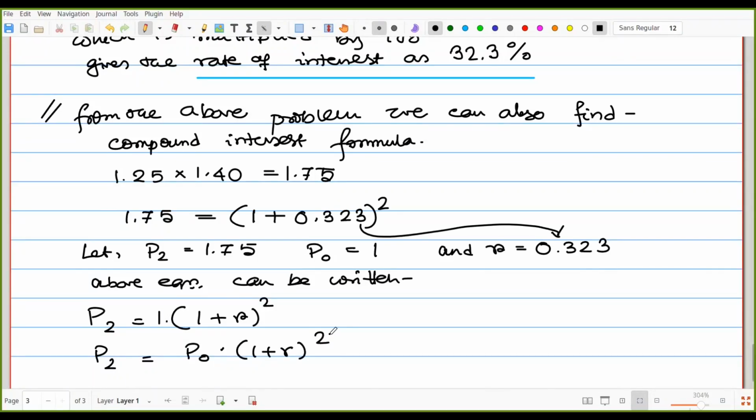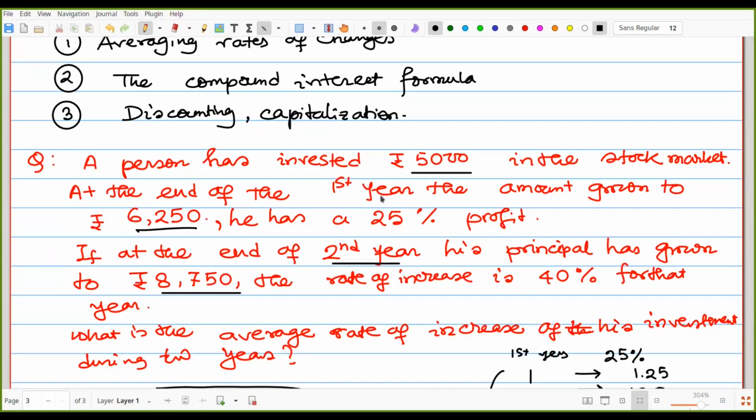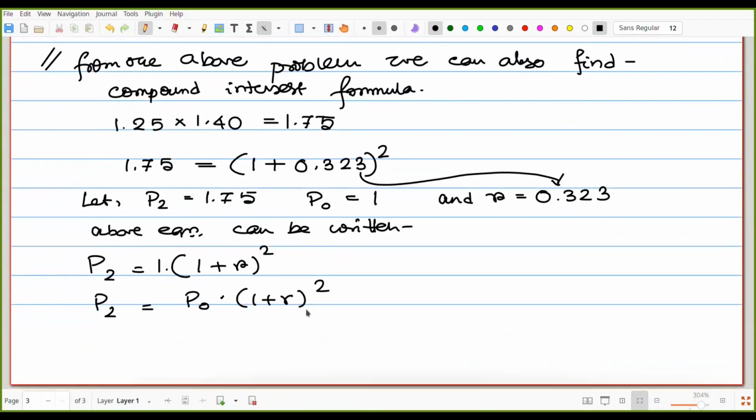Practically, that one is called the compound interest formula also. Okay, so if we want to demonstrate it once again, here the first one, P0, was rupees 5,000. So we have P0 equal to rupees 5,000, or simply 5,000.